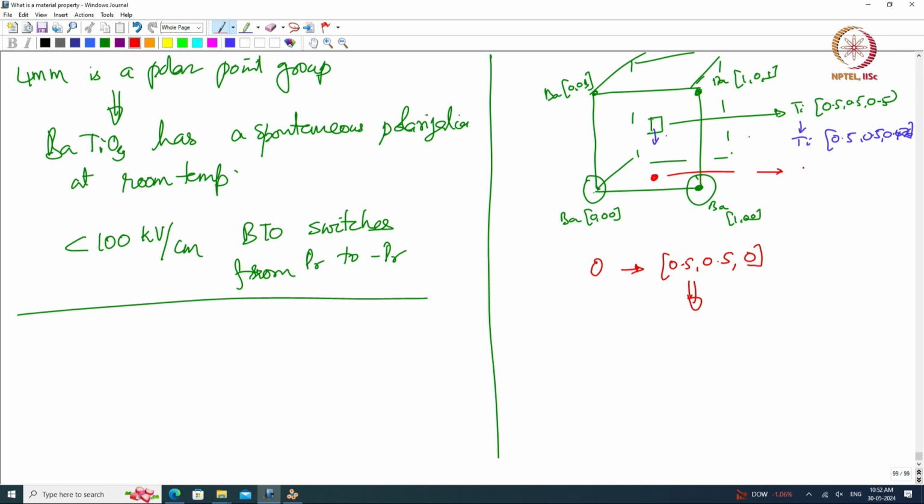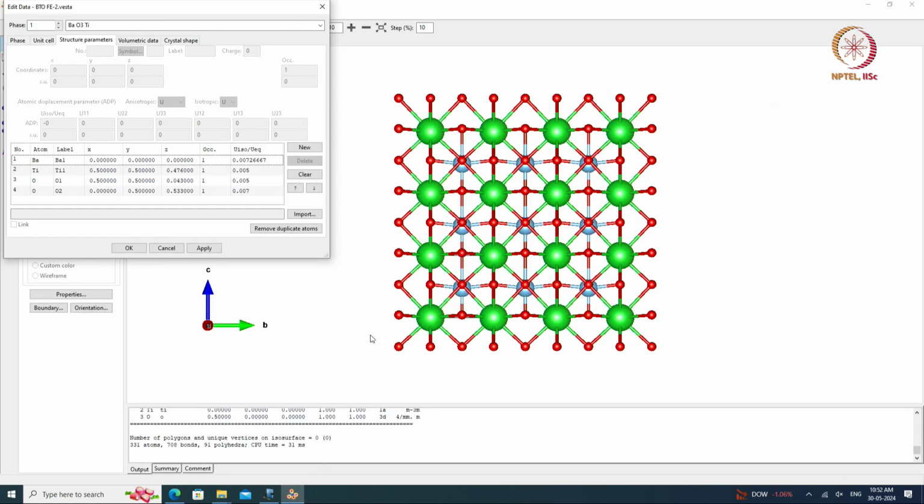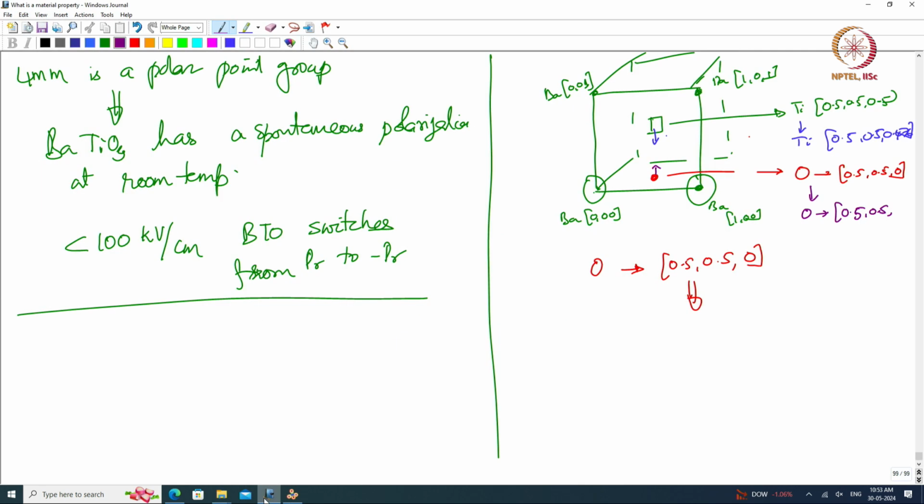So that was supposed to be at 0.50, right, but that oxygen now has changed and has moved a bit up, right. So it has moved up by, we can check in VESTA, 0.043, I think 0.043, right. So that is the oxygen position. So I go back and write that this has moved up by 0.043. Okay.